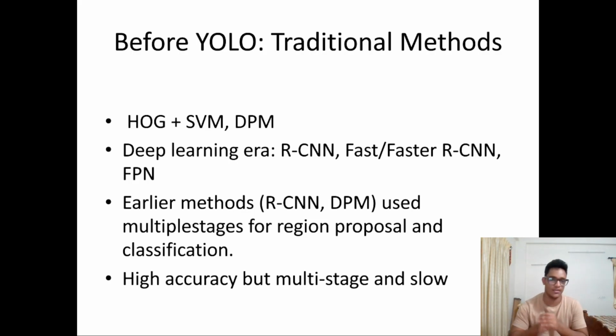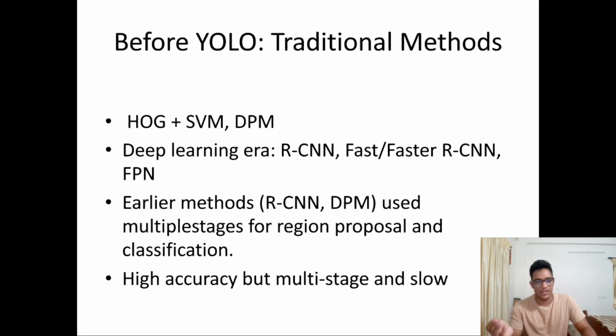And DPM, deformable part models, models an object as a collection of parts. Each part is detected separately and computed using HOG features, and then combined to conclude that there exists an object and it belongs to this particular class.